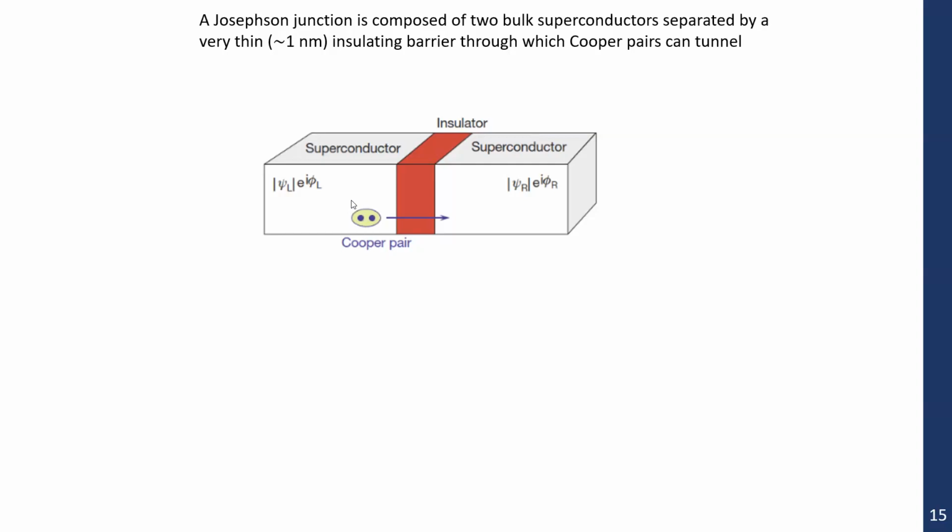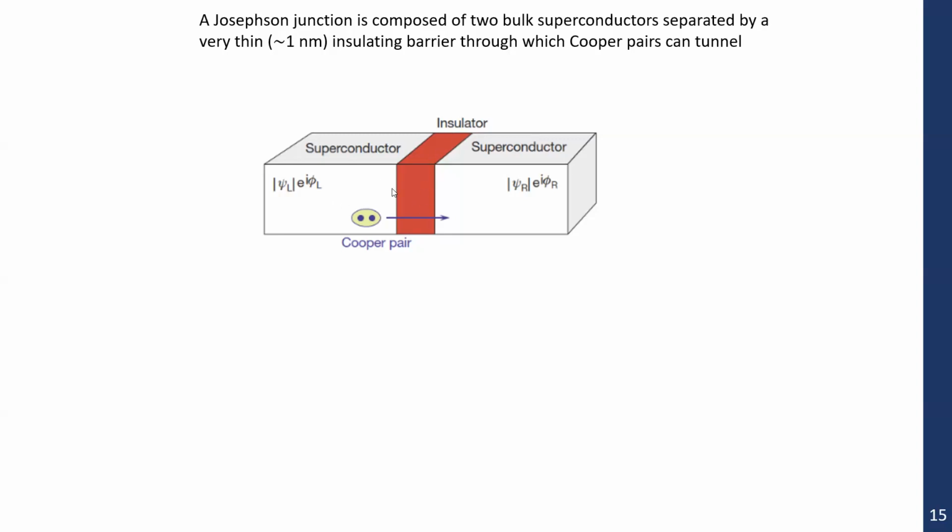The Cooper pair, composed of two electrons, is a boson, because spin 1/2 plus spin 1/2 generates spin 1, or spin 0. Anyway, it is a bosonic particle, and that means it behaves like a photon, so it can tunnel through the insulator like this.